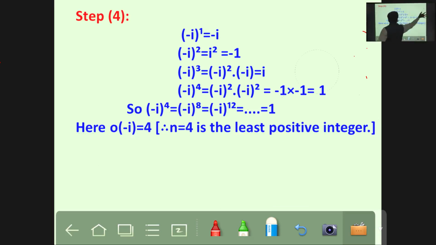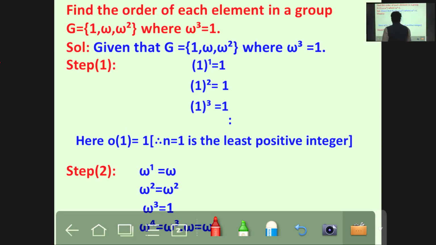Next problem. Now you find the order of 1, omega, omega square. Here G comma dot is a group. Now you find the order of 1, order of omega, and order of omega square.